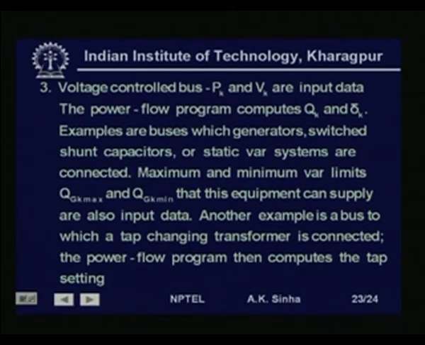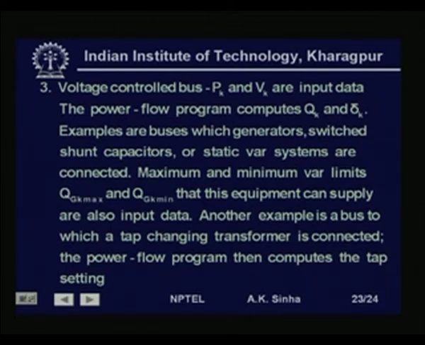We have a third type of bus bar, which we call voltage control bus bars. These are generally bus bars where we have generation. At these bus bars, Pk and Vk are specified, that is, the real power and the voltage magnitude are specified, and the solution of the power flow will provide us the reactive power and the voltage phase angle.